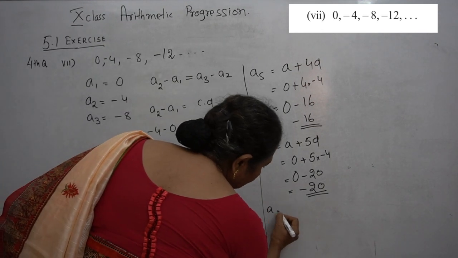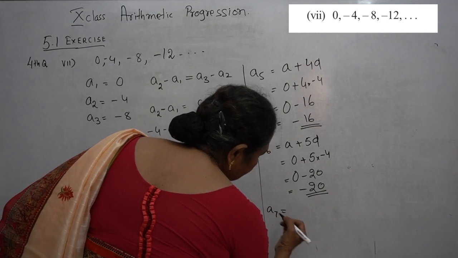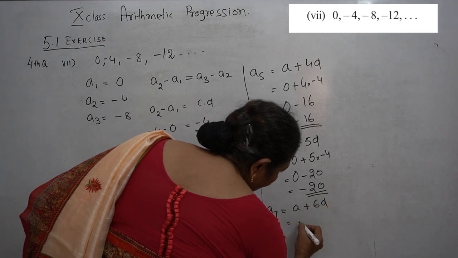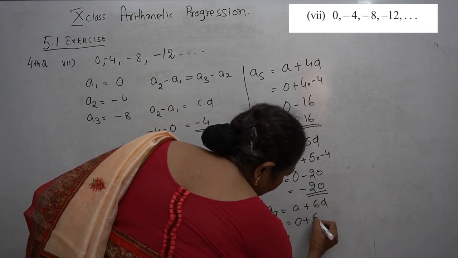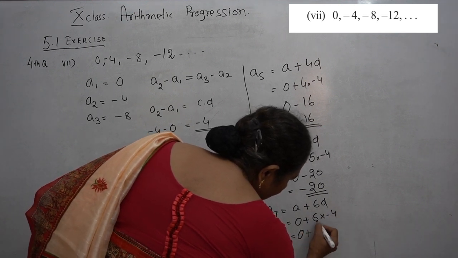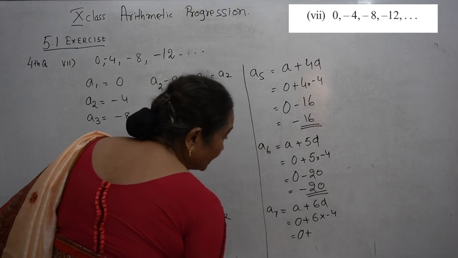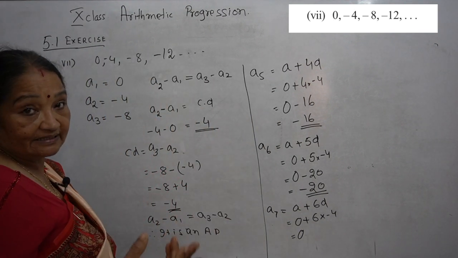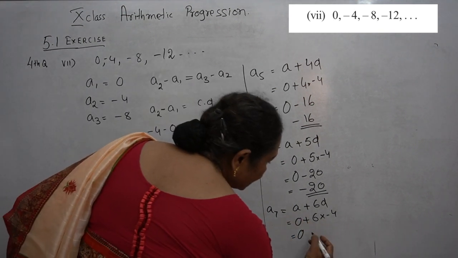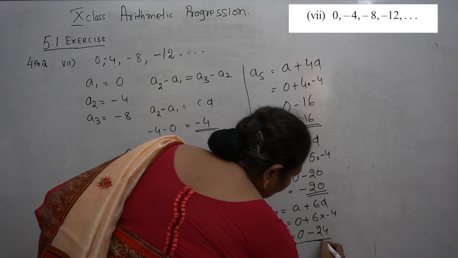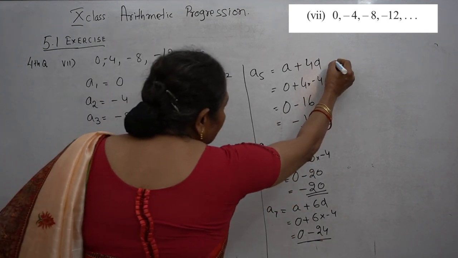Now the seventh term, A7. That is A plus 6D. That equals A is 0 plus 6 into D, which is -4. That is 0 plus 6 4s are 24. But we have to multiply the signs, isn't it? So plus into minus is minus. 6 4s are 24. So now what will be our answer?